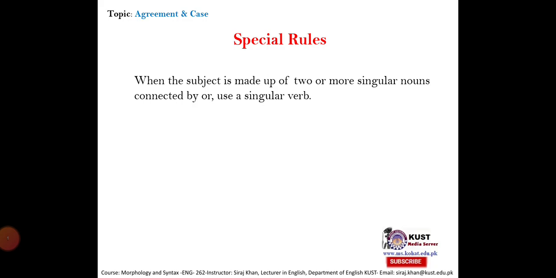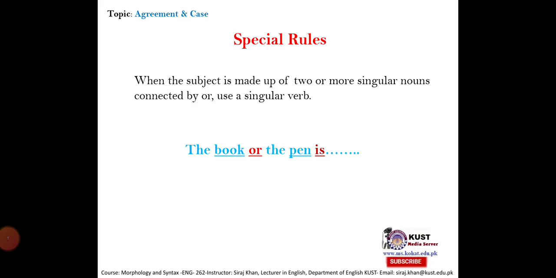When the subject is made up of two or more singular nouns connected by "or", we always use a singular verb. When the subjects in a sentence are connected by the coordinating conjunction "or", we always take a singular verb. The book or the pen is... So here the book is the subject, a singular noun, and the pen is also singular.